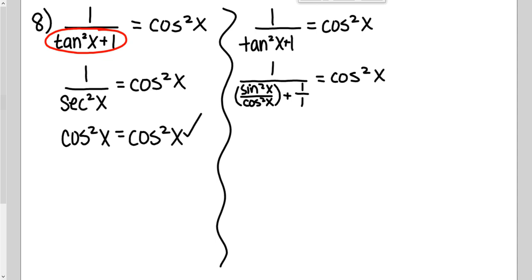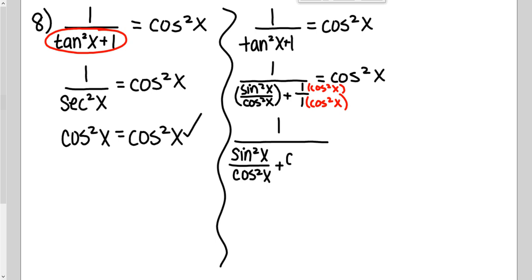Because it's very obvious to me at this point, I'm going to have to add that fraction to 1, so I'm going to need common denominators and all that kind of fun stuff. Well, common denominator could be cosine squared x. Sorry for bleeding over into that other part. And I've got sine squared x over cosine squared x plus cosine squared x over cosine squared x.